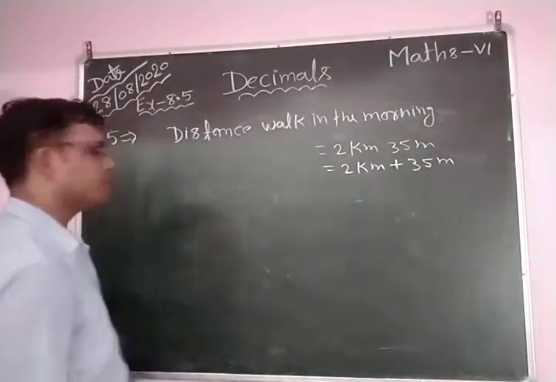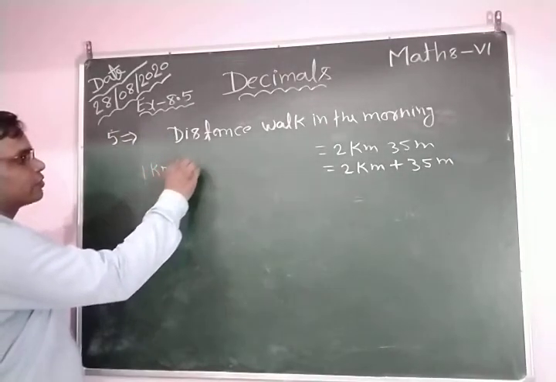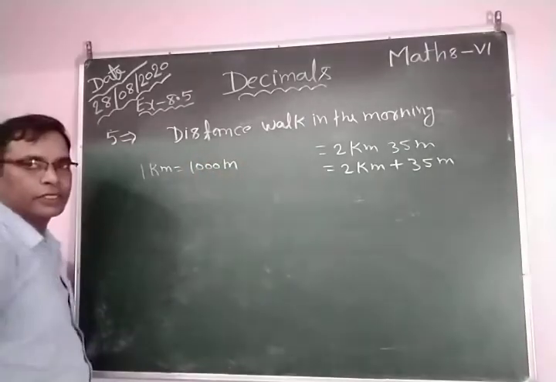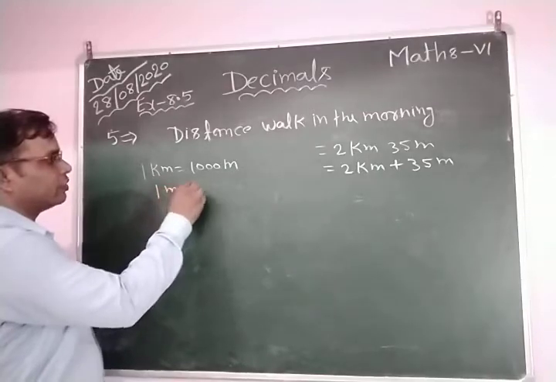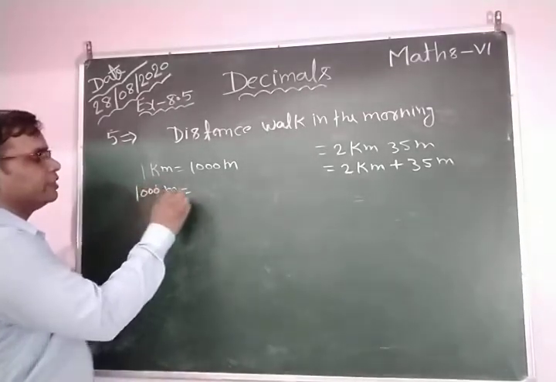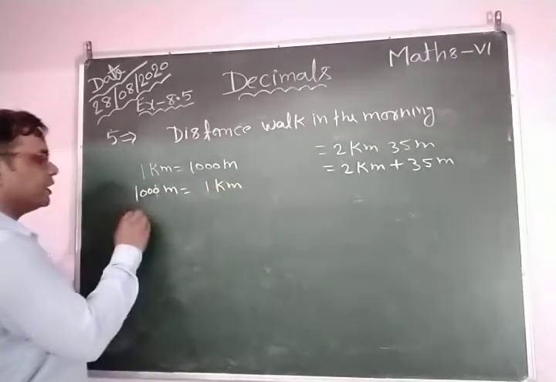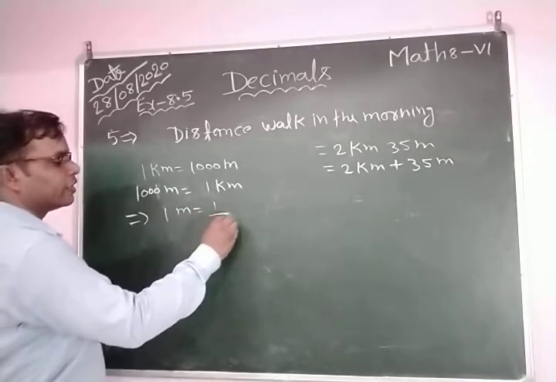For this we know very well 1 kilometer is equal to 1000 meters, or we can say 1000 meter is equal to 1 kilometer. This implies that 1 meter is equal to 1 by 1000 kilometer.